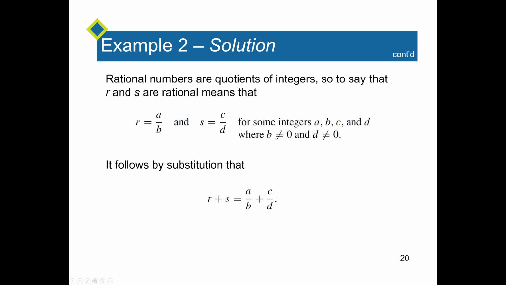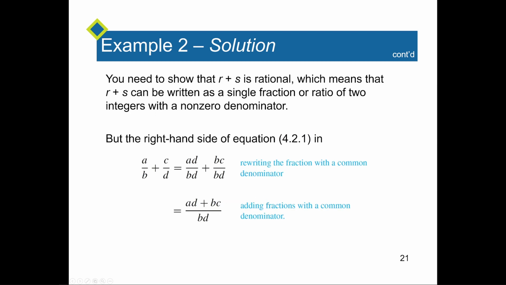We must say that b is non-zero and d is non-zero, otherwise this wouldn't be a rational number. If we add these now, generally speaking, then we get this. We can apply the normal rules of adding fractions, get a common denominator, and then we get this form here.